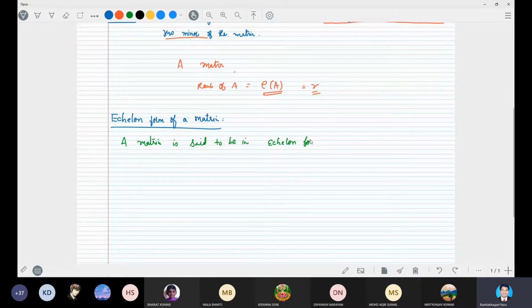Just understand, echelon is one form. A matrix is in echelon form if it has the following properties.